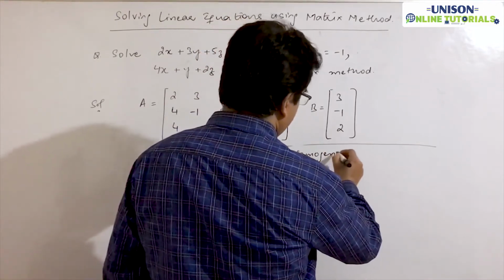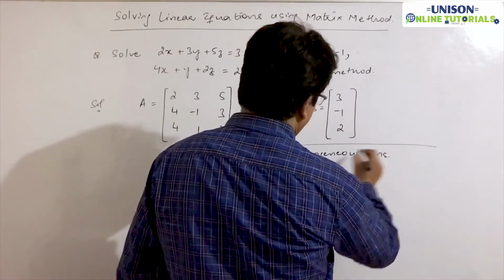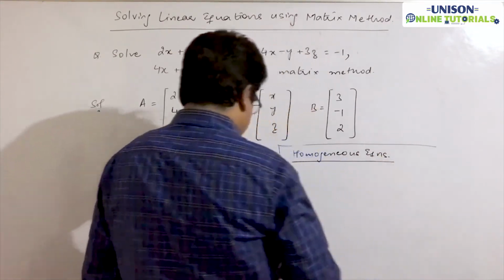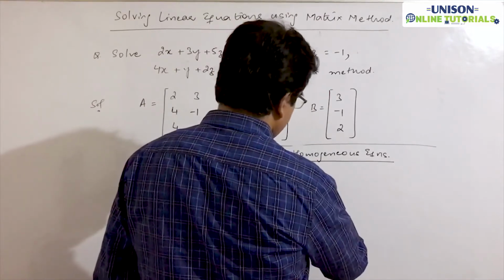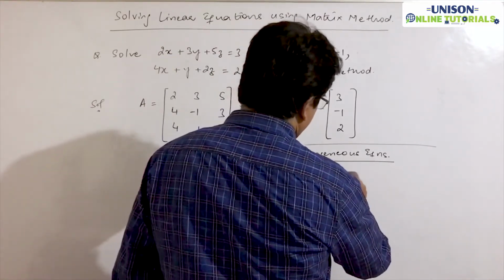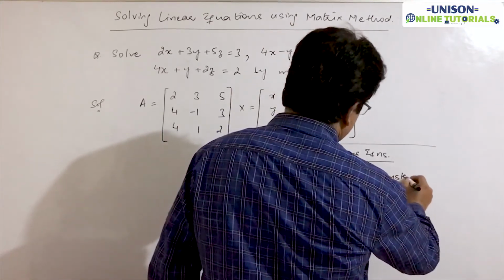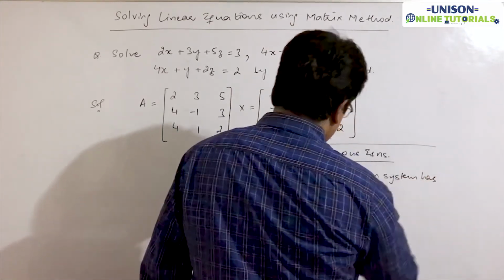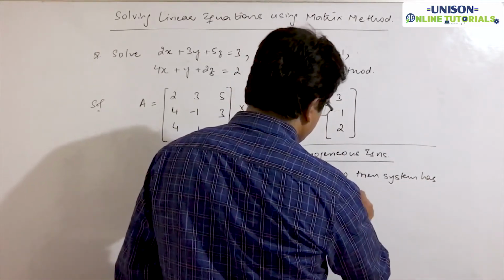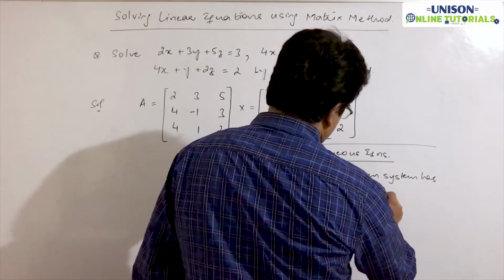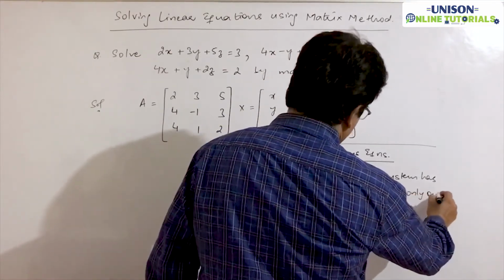In case of homogeneous equations, if determinant A is not equal to 0, then the system has trivial solution and has only one solution.